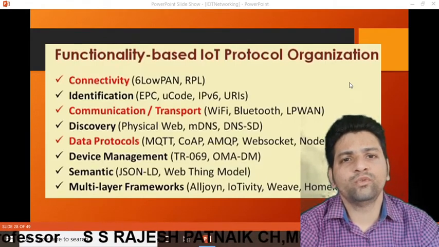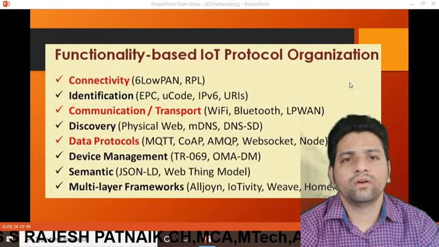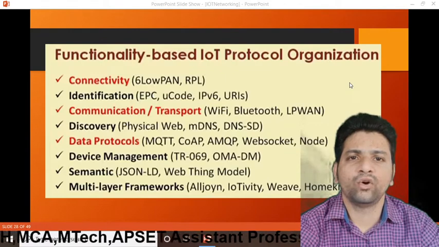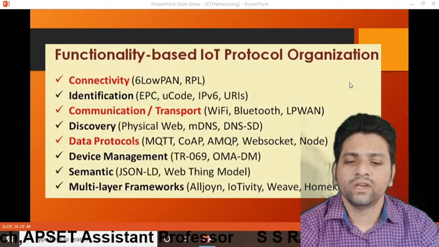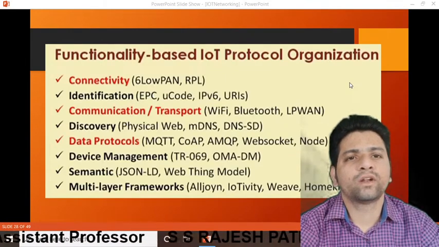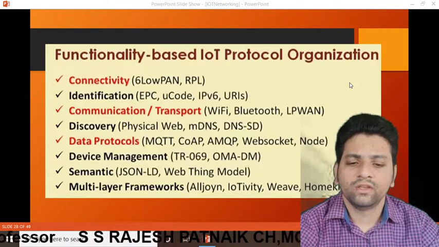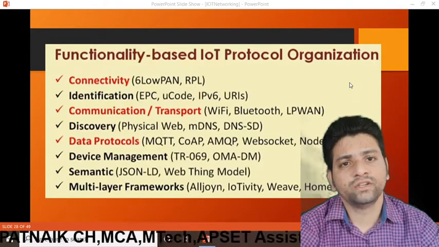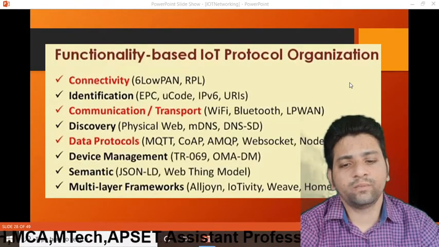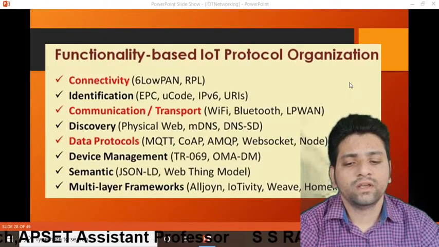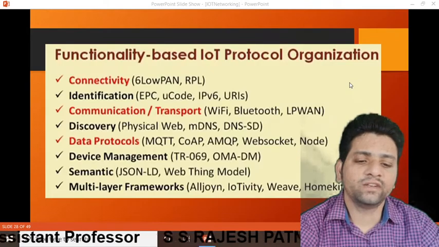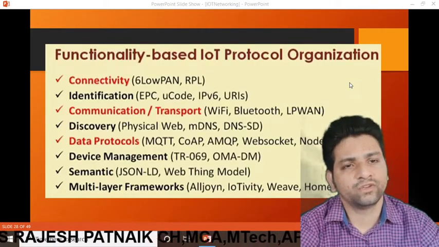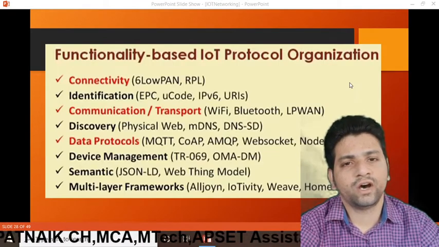RPL means Routing Protocol for Low power and Lossy networks. So it is also one of the connectivity protocols we are using. This particular protocol is used in wireless networks with low power consumption. Whenever we have low power consumption, we will use RPL.